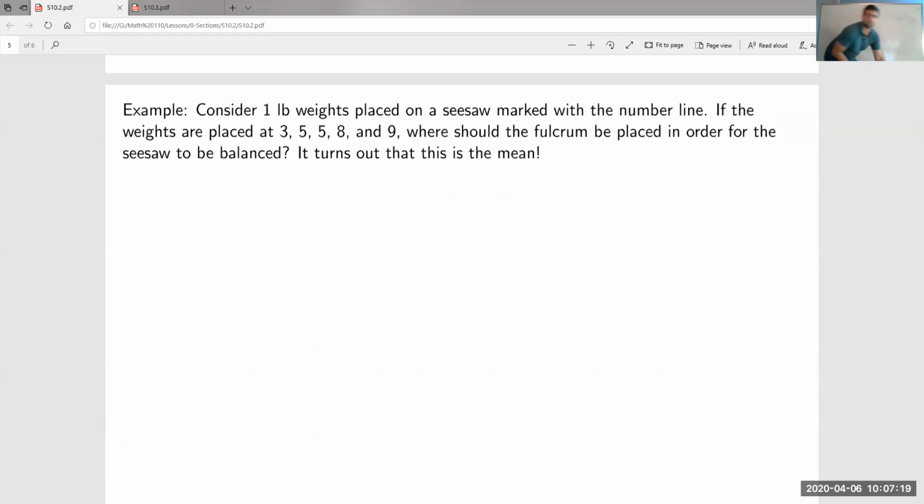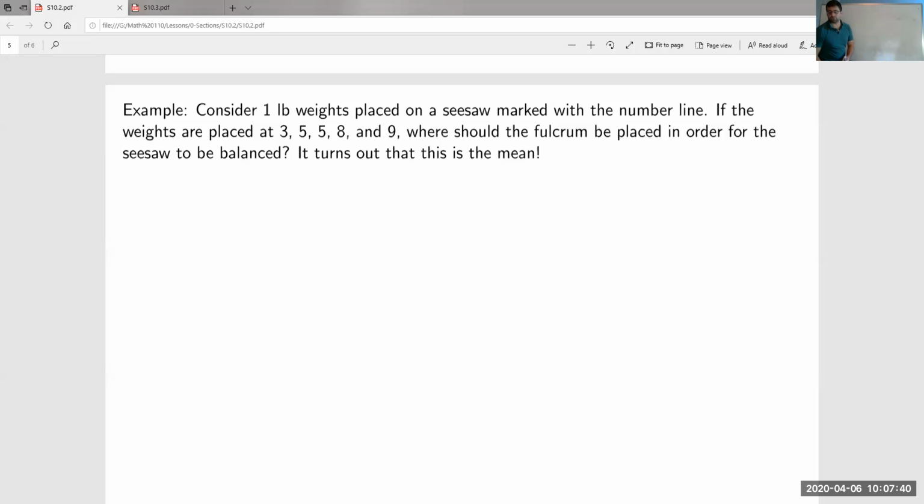All right. So consider 1 pound weights placed on a seesaw marked with the number line. If the weights are placed at 3, 5, 5, 8, and 9, where should the fulcrum be placed in order for the seesaw to be balanced?